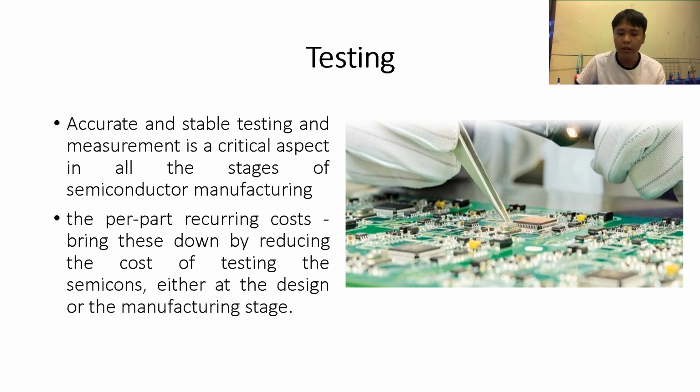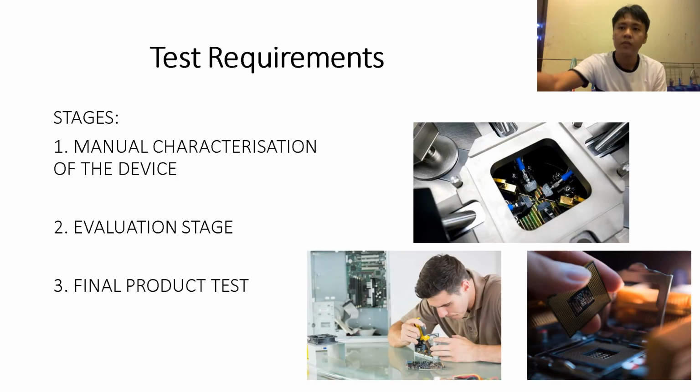Today, with a number of design and fabrication companies involved in semiconductor manufacturing, the per part recurring costs have become a very important issue. The industry aims to bring this down by reducing the cost of testing, either at the design or manufacturing stage. These costs largely depend upon the time taken for testing and verification.